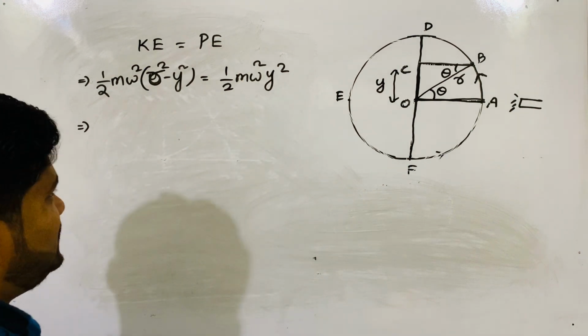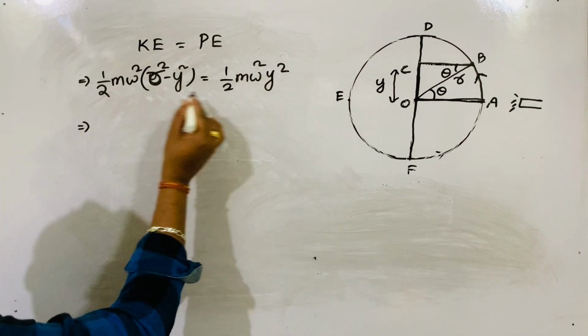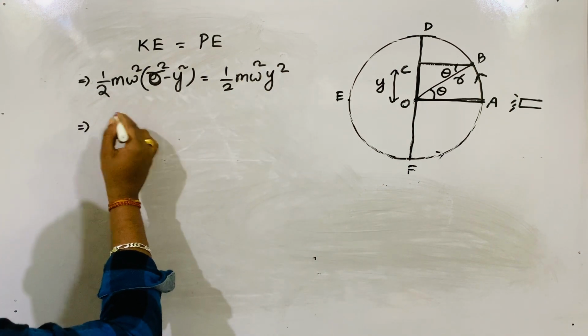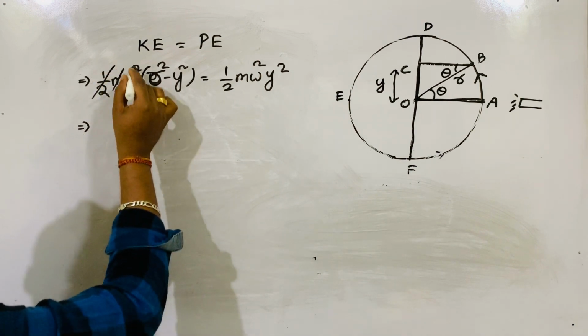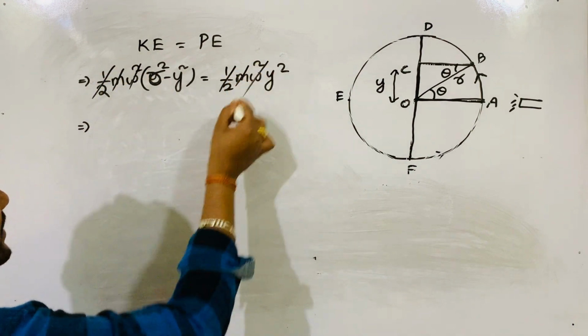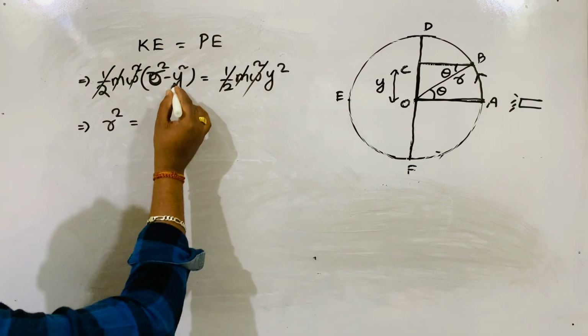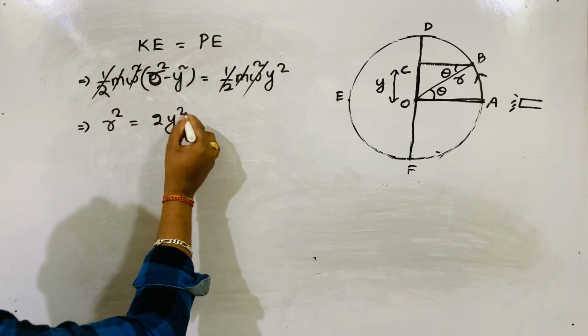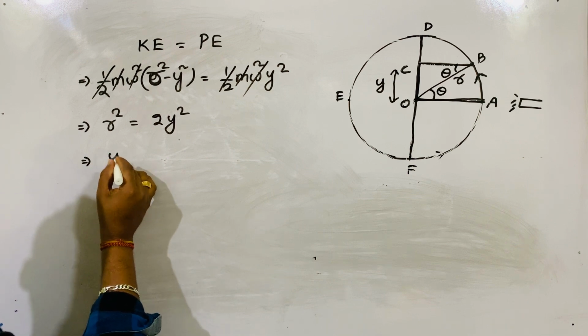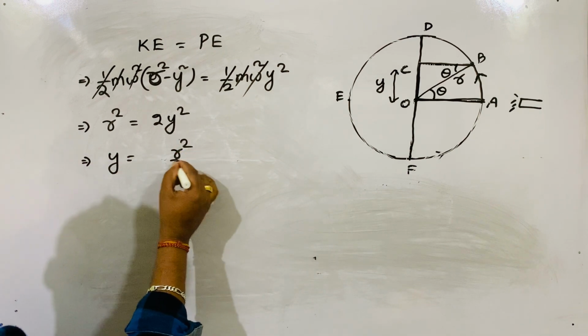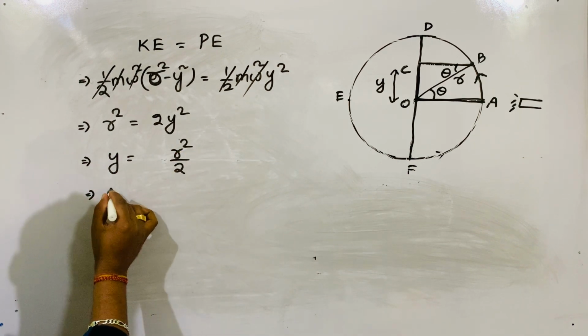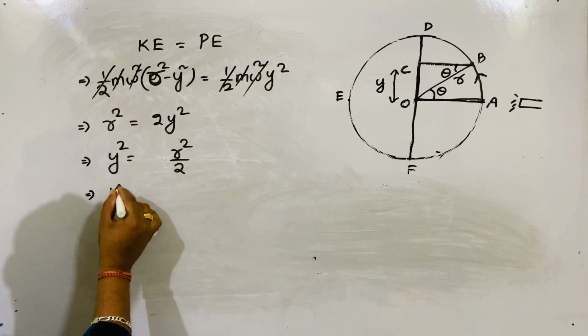Now I just equalize them. Then half m omega square cancels on both sides. Then r square is equal to 2y square, so y square is equal to r square by 2.